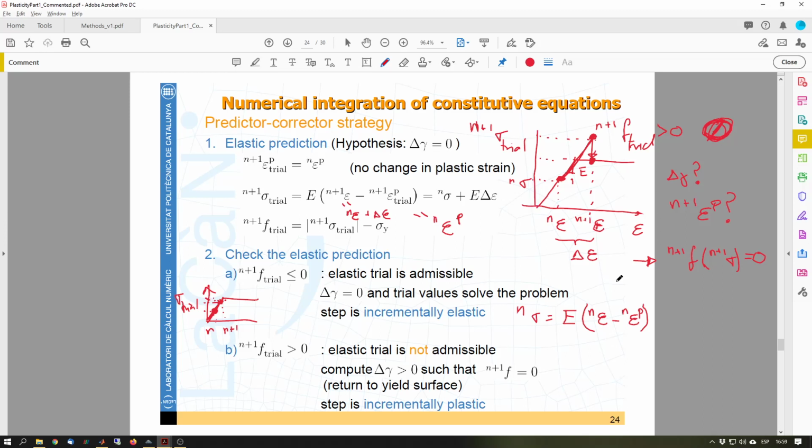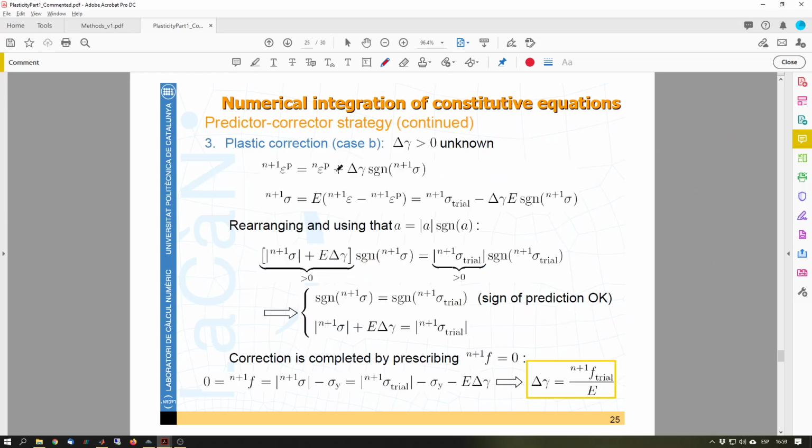So let's correct. This is our backward Euler, and this is a discretized form of epsilon p dot equals gamma sign of sigma.